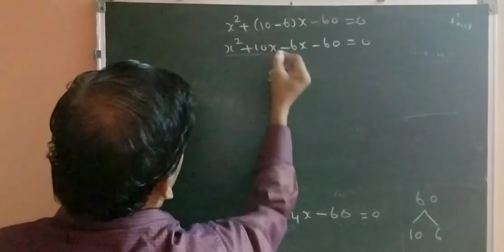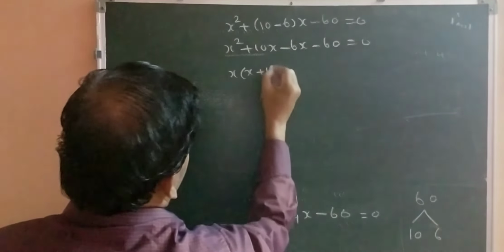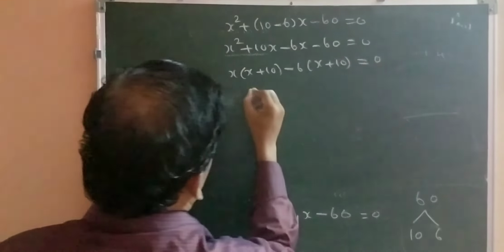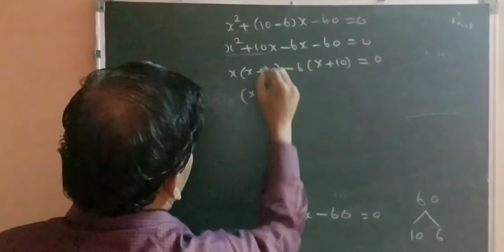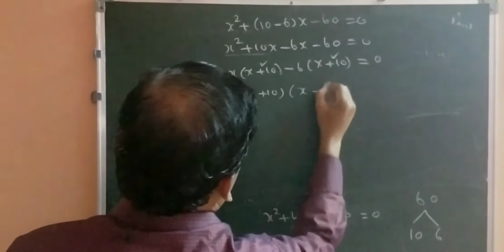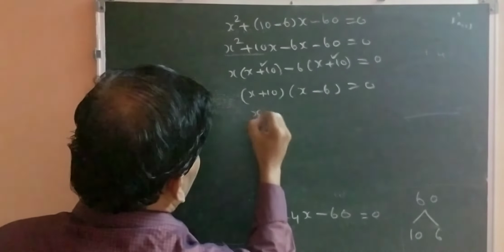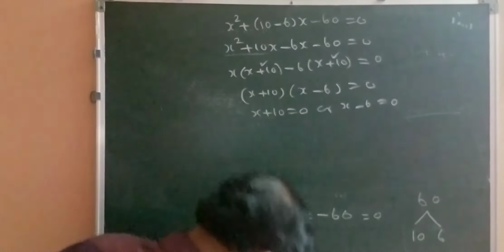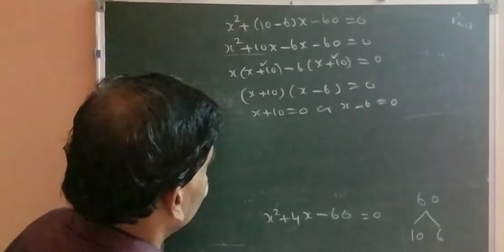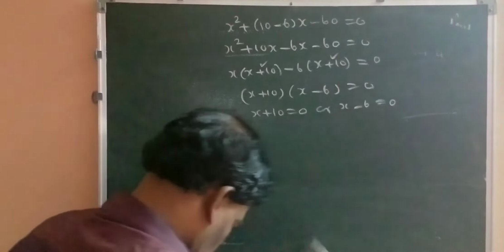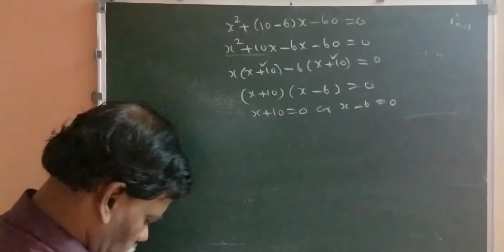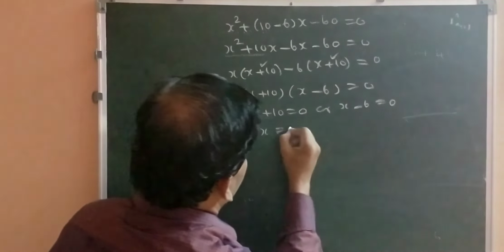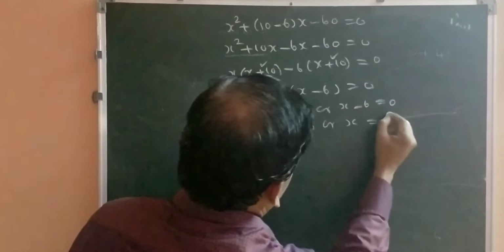What is common? x into (x plus 10) minus 6 into (x plus 10) equal to 0. So (x plus 10) into (x minus 6) equal to 0. So x plus 10 equal to 0 or x minus 6 equal to 0. Therefore, x equal to minus 10 or x equal to 6.